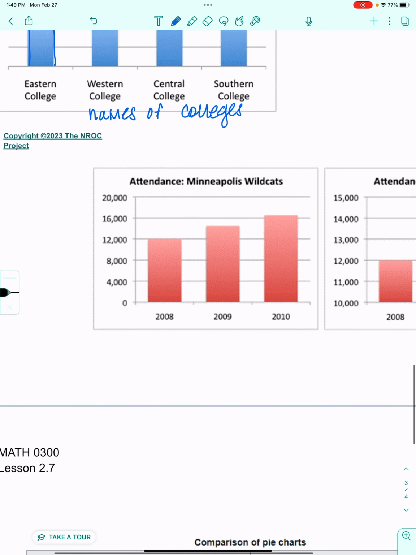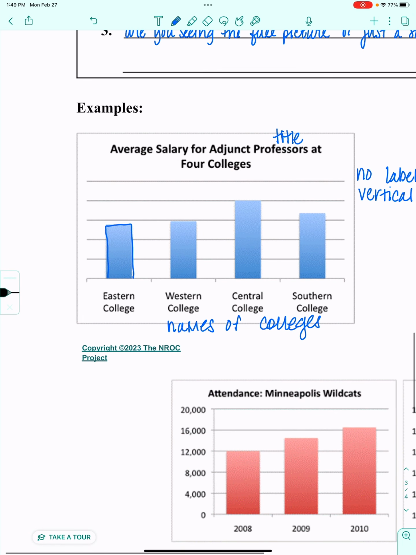Let's say there were values there. Let's say they told us this was the salary, and you were looking for a job, and you wanted to choose which one of these colleges you wanted to work for. Well, ideally, Central College looks like it has the largest salary out of all of these.